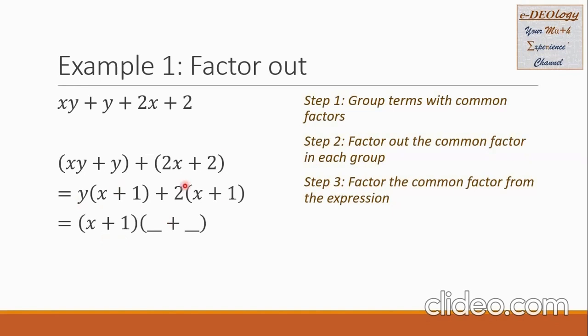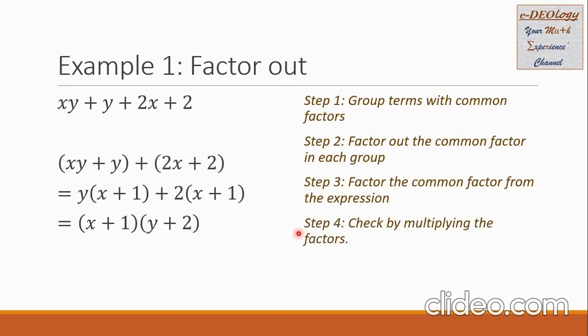Since we have two big groups, the second factor should be a binomial also. So I'm going to collect all the terms that will remain after removing the common factor from each group. So in here, it is y, and then plus the 2.